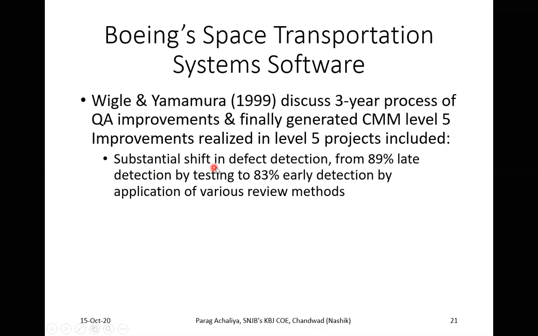There is a substantial shift in defect detection from 89% late detection by testing to 83% early detection. If you are doing early detection, the chances of finding the defect will be 83%, whereas if you do the defect detection late, you will get 89% by various review methods.